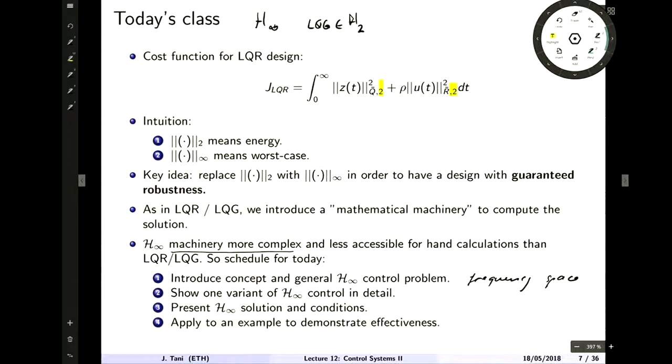I will then show you one specific type of H-infinity, one way of implementing it in detail, so we'll walk through the steps such that you understand what you see in the references. And then I will present the H-infinity solution and conditions, which are in state space. As I said, the scope of these solution and conditions is beyond the scope of this class.